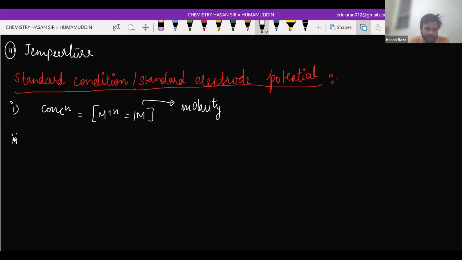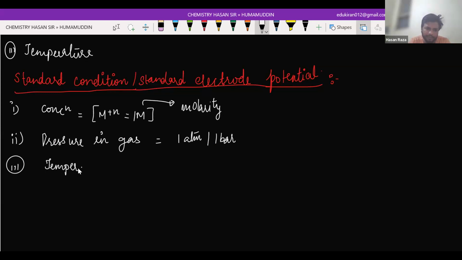The second condition is the pressure in gas, and the pressure should be either 1 atm or 1 bar. And the third, temperature should be 298 Kelvin, and if you convert it into degrees centigrade, it will be 25 degrees centigrade. So this is the standard condition.